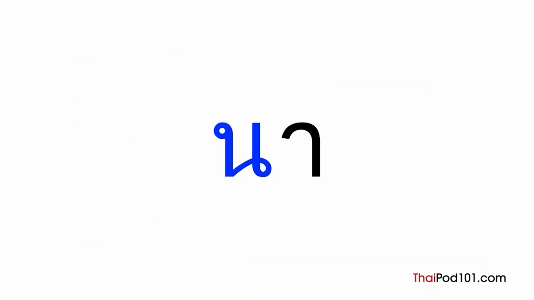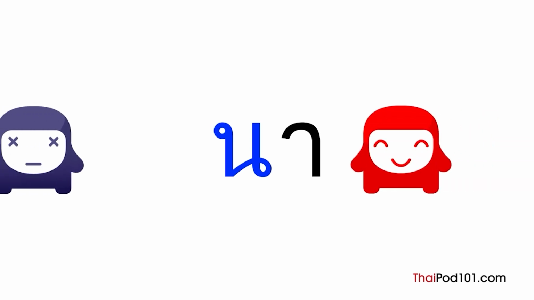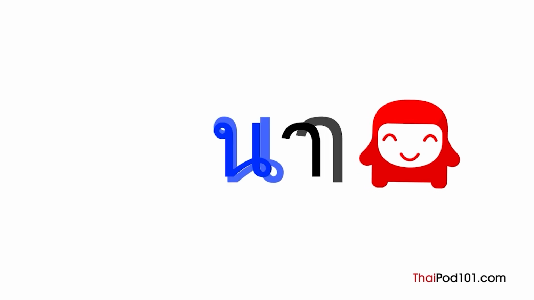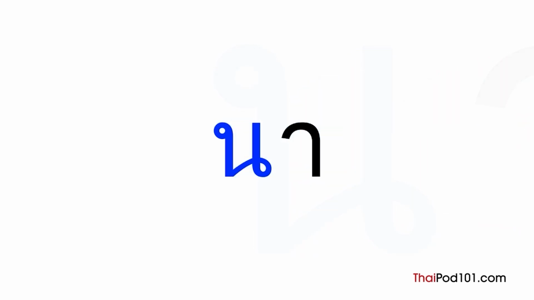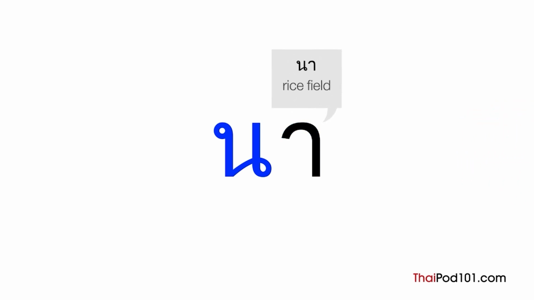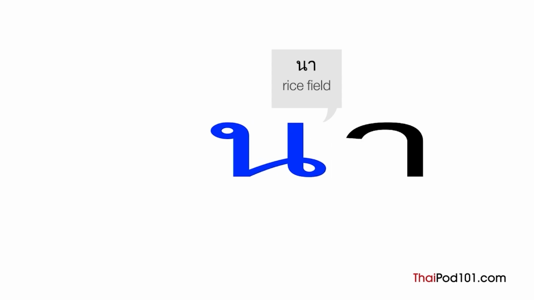The next thing to know is if the syllable ending is live or dead. A live ending is one that makes it possible to keep resonating the sound. Syllables that end in long vowels are live. Do you remember the word for rice field? It was na. This is a live syllable because if I wanted to, I could extend the length of the word and say na.